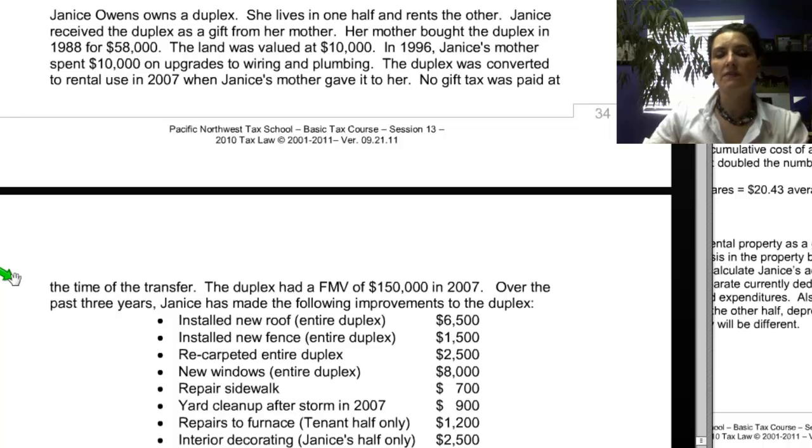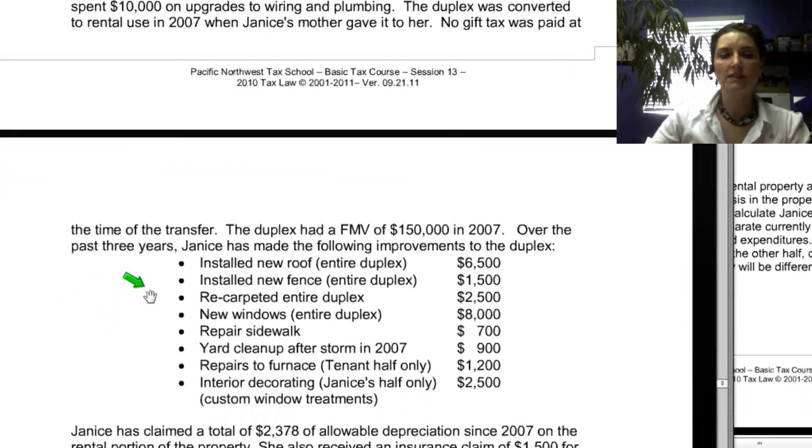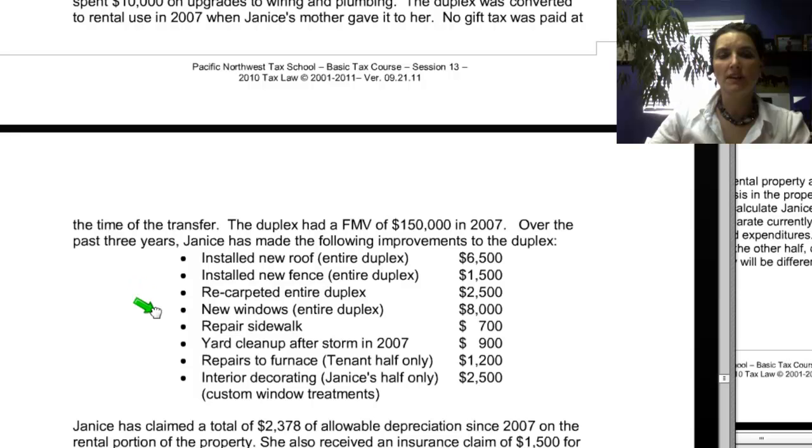The duplex had a fair market value of $150,000 in 2007, and over the past 3 years, Janice has made the following improvements. She installed a new roof for the entire duplex, a new fence surrounding the entire duplex. She recarpeted the entire duplex and put new windows in the entire duplex. She also did some sidewalk repairs, yard cleanup after a storm, repairs to the furnace, but only for the tenant's half, and then interior decorating only on Janice's half.